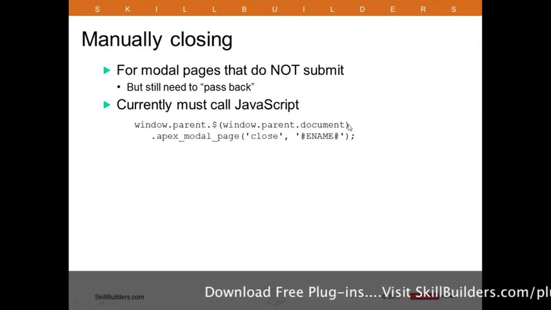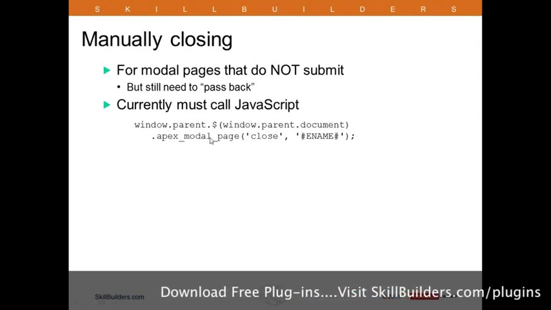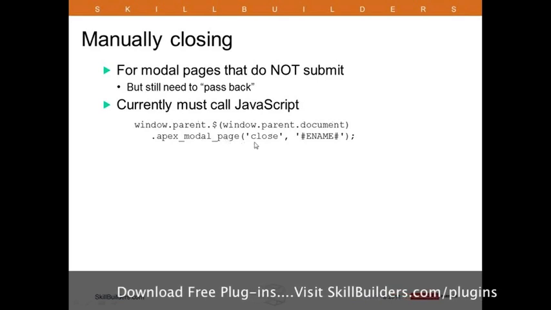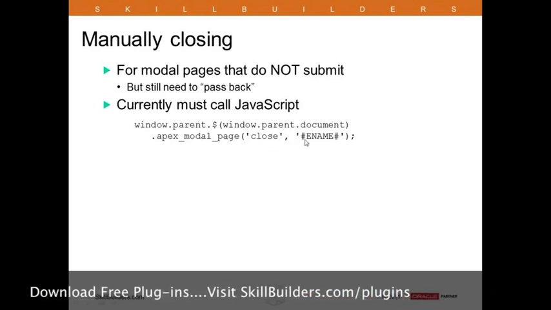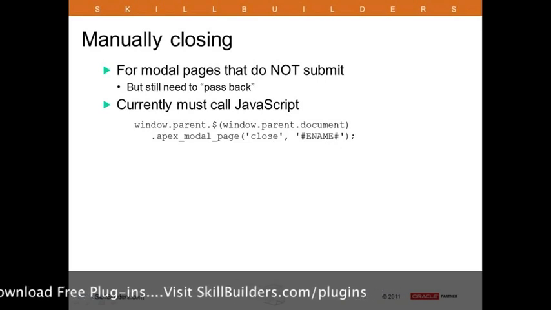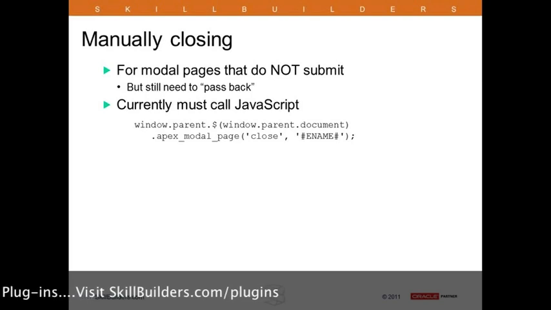So we're selecting the document object from the parent, and then calling this Apex Modal Page. We're accessing the close event, or the close method, rather, and then you can really pass any value in here. This particular value could be used, say, from a report, so it would be dynamic. But this is the second parameter, is how you could pass a value back to the parent page.